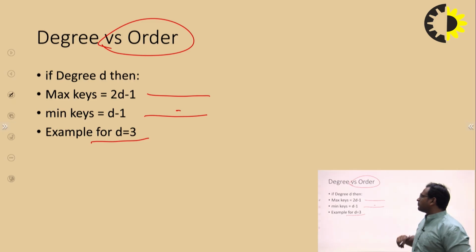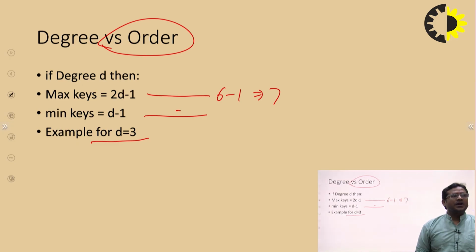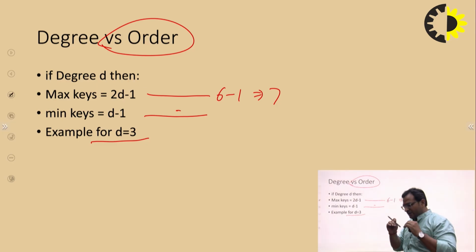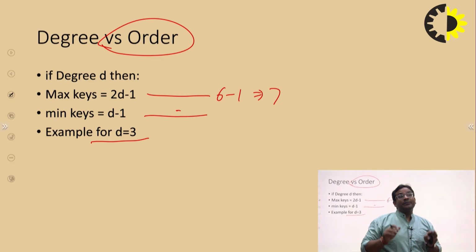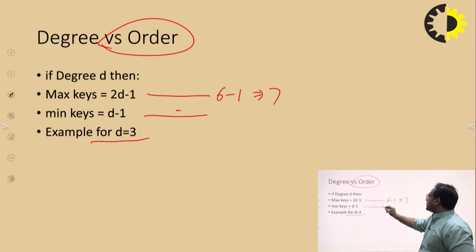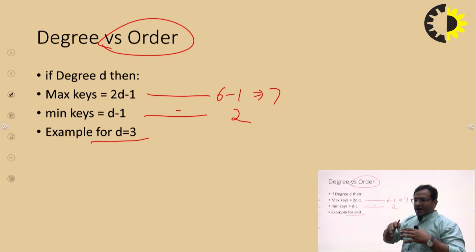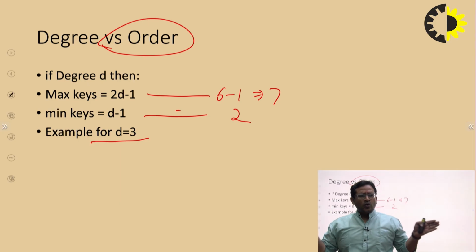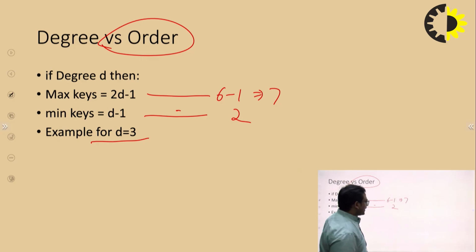So the maximum number of keys is 6 minus 1, that means 7. D is 3, so the maximum number of key values on any node is 7, and the minimum number of key elements is D minus 1, 2. So whenever I insert and the node has more than 7 keys, it automatically breaks. For example, I'll take an example.